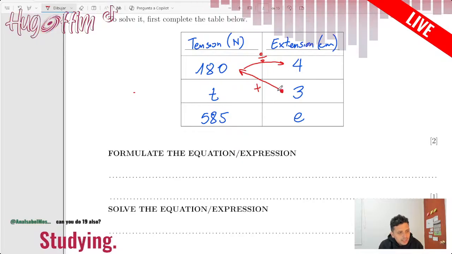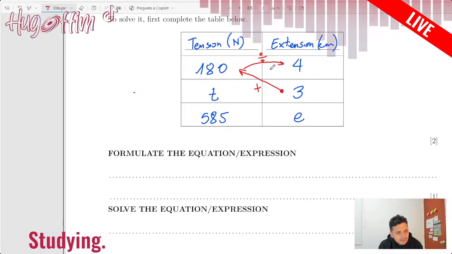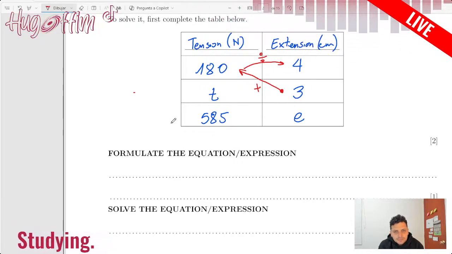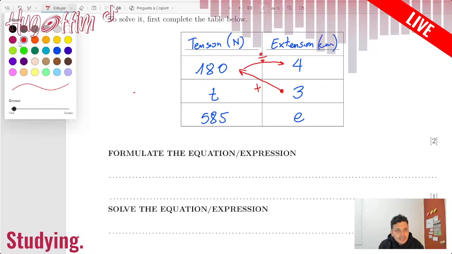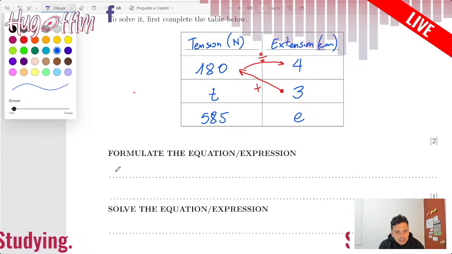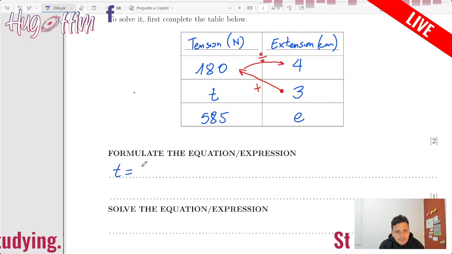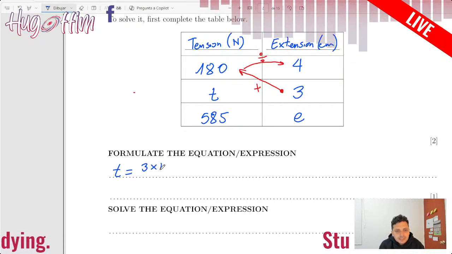Multiply 3 times 180 divided by 4. So the tension is 3 times 180 divided by 4.